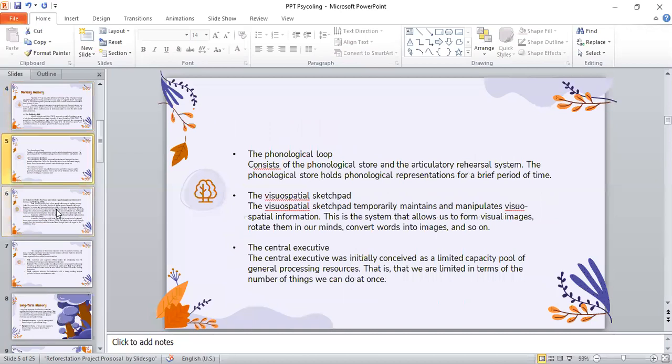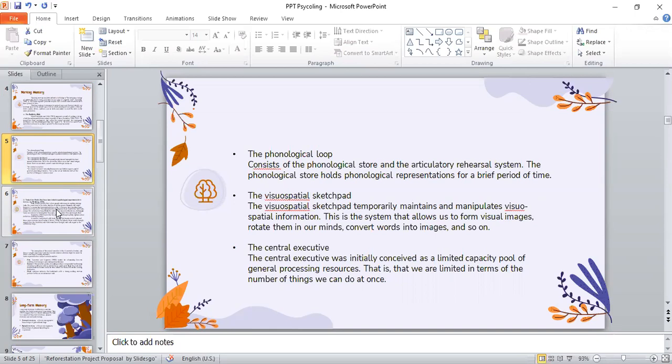The first component of the model is the phonological loop. The phonological loop consists of the phonological store and the articulatory rehearsal system. The phonological store holds phonological representations for a brief period of time.